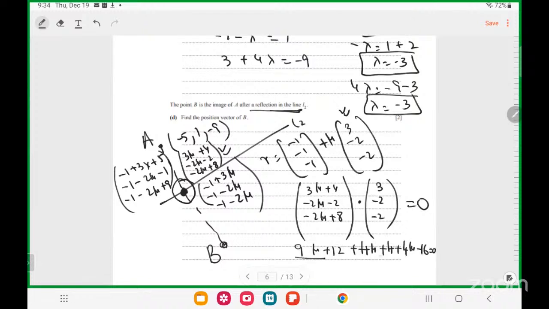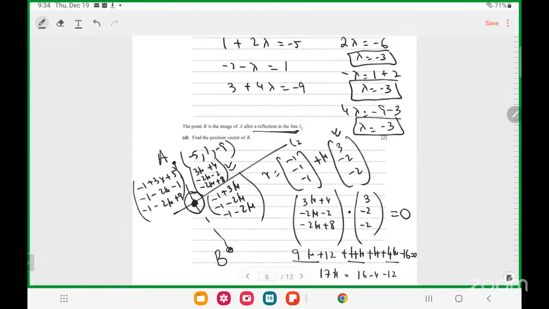So 9 mu + 4 mu is 13 mu. 13 mu + 4 mu is 17 mu. 17 mu is 16 - 4 - 12, which is once again 0. अगर mu is 0, then this point of intersection is (-1, -1, -1).